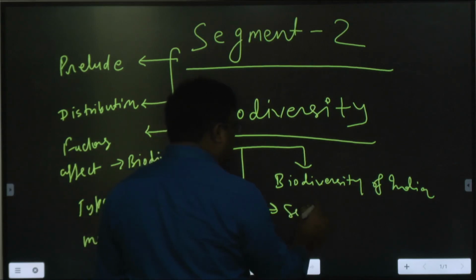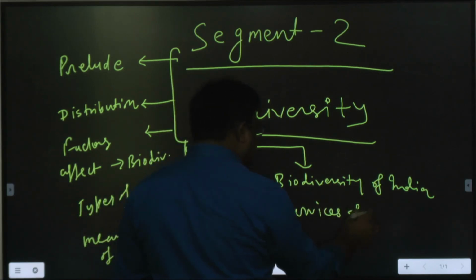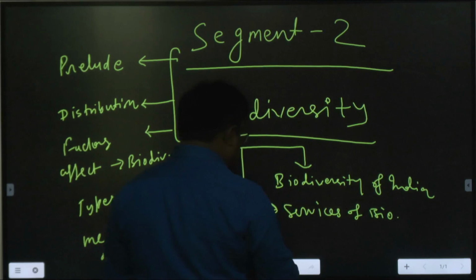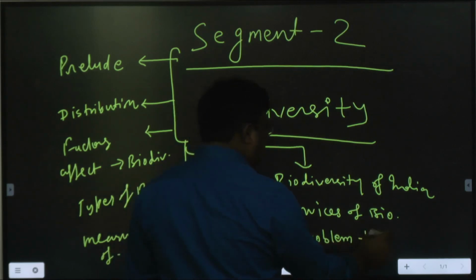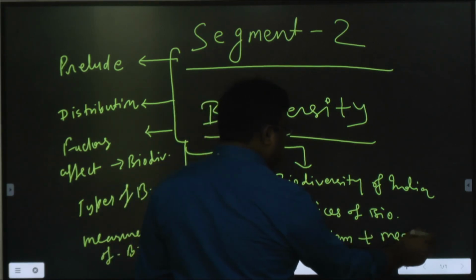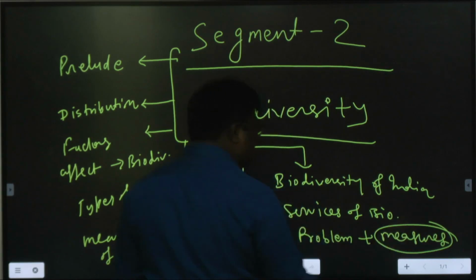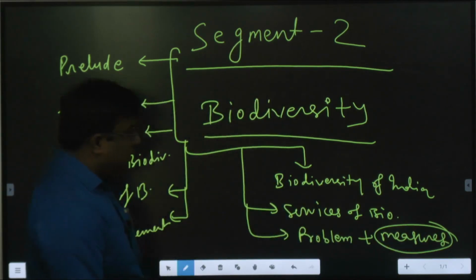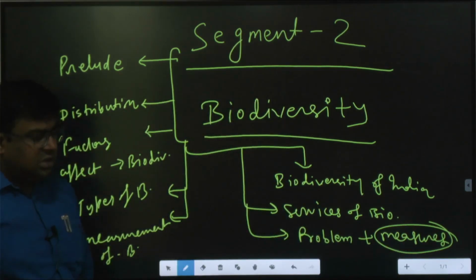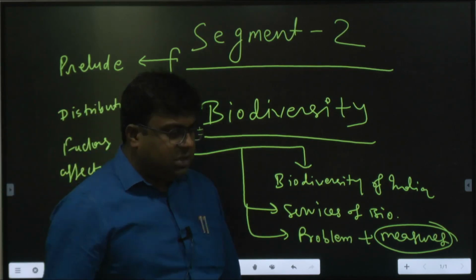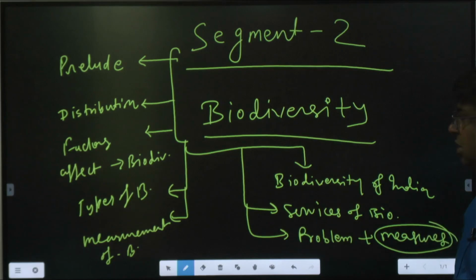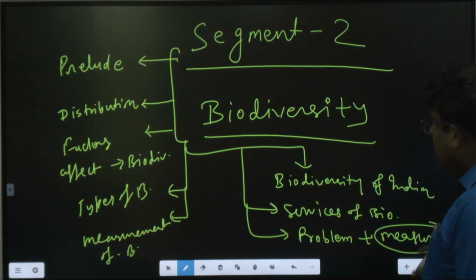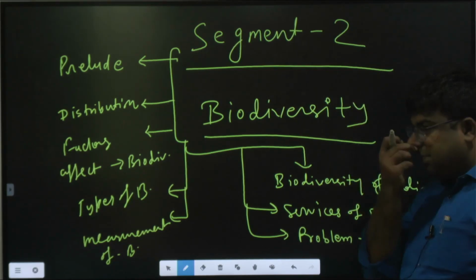Then services of biodiversity, and then problems, followed by measures. As far as this portion of measures is concerned, under this portion only we will talk about those initiatives, right? So this is the entire skeleton of this particular segment.